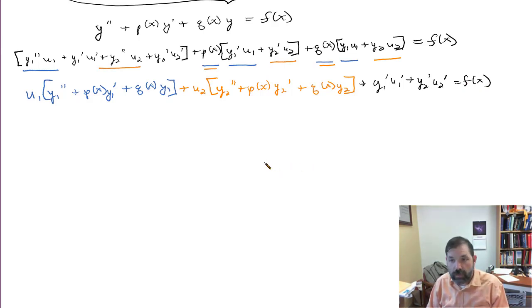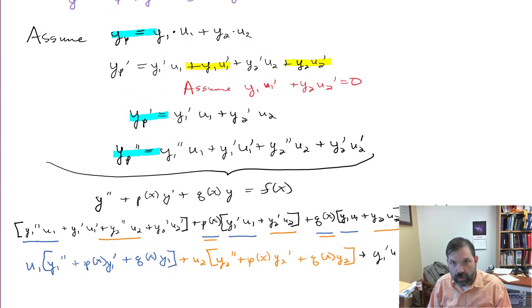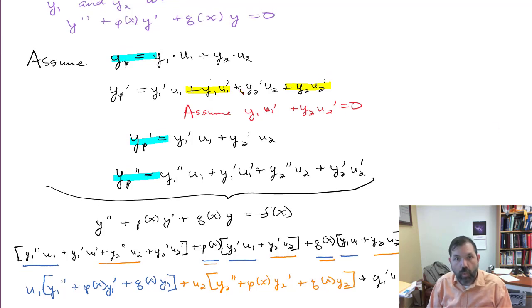And now here's where something important happens. If you remember, y1 and y2 also solve y double prime plus p of x times y prime plus q of x times y equals 0. So that means that y1 double prime plus p of x y1 prime plus q of x y1 equals 0.